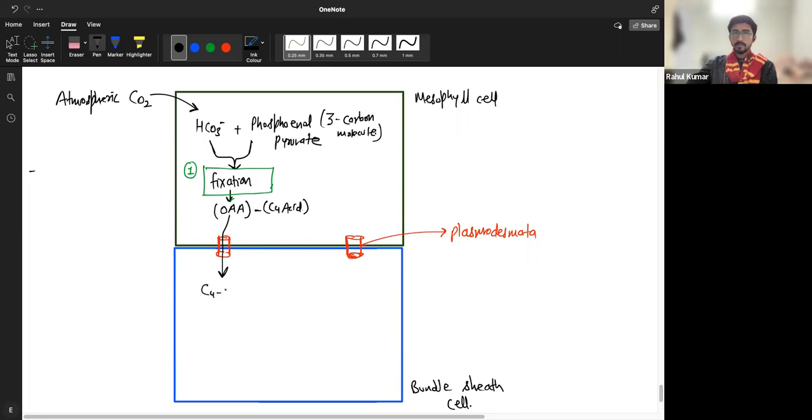So now this C4 acid comes here. Is it clear? So can you understand why we are doing this? Can you tell me what is the benefit of doing this?